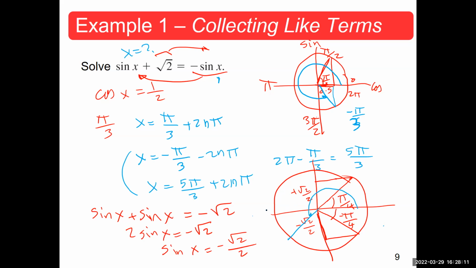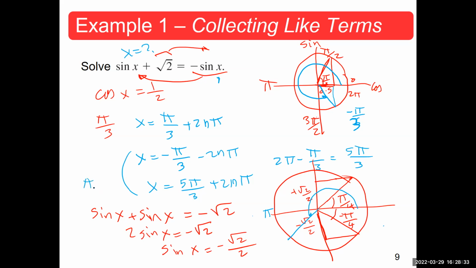Well, if this is pi plus pi over 4, how much is that?